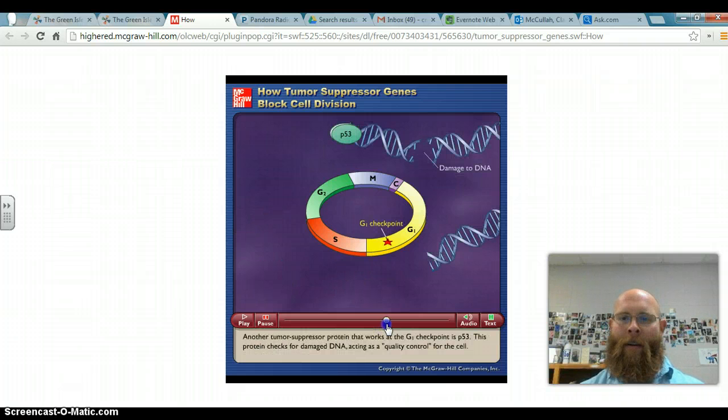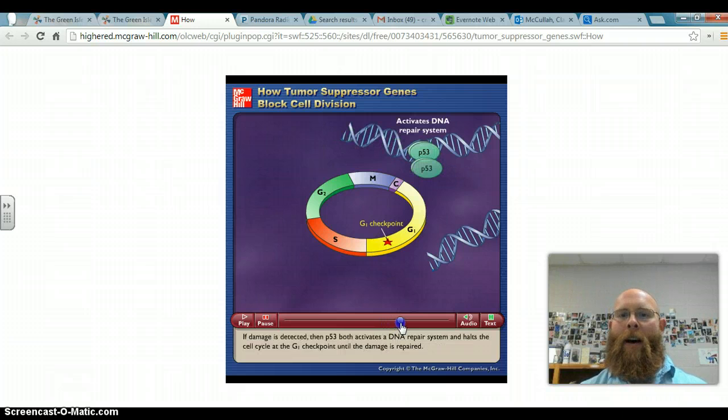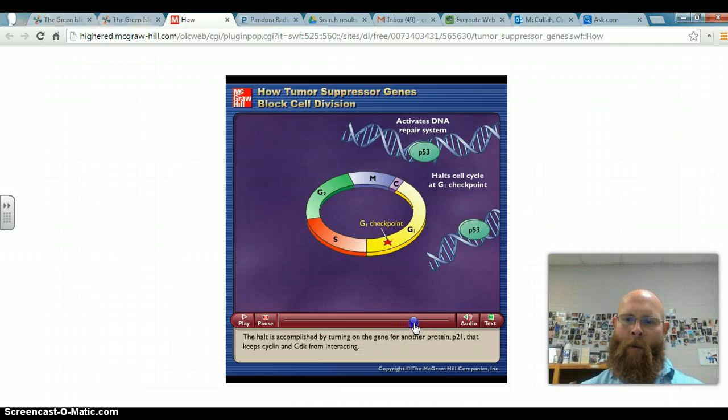But if there is an error, as shown in the diagram, P53 will activate a repair system, a completely separate regulatory cascade or transduction pathway involving a whole separate host of proteins that come in and repair it. But to provide enough time for that to occur, P53 also simultaneously activates another protein called P21, which acts as an inhibitor.